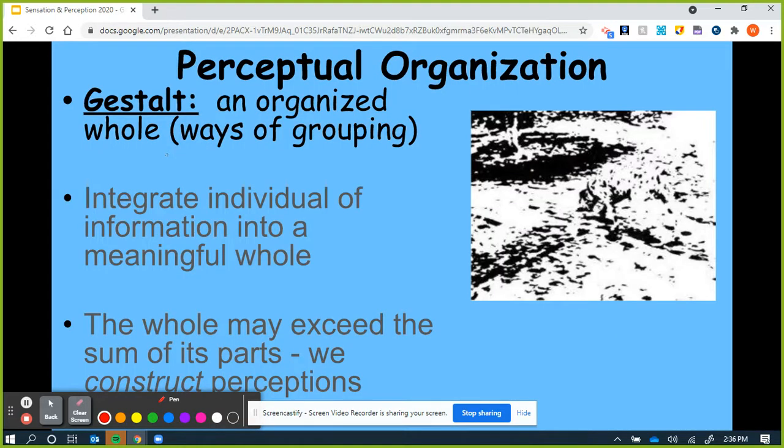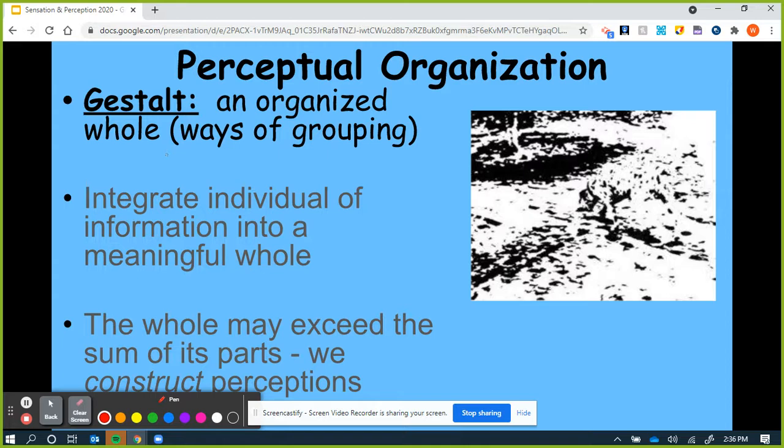All right, perceptual organization. An early field of psychology called Gestalt psychology, Gestalt is German for whole. These theorists hypothesize that our brain sort of automatically organizes things into meaningful wholes.